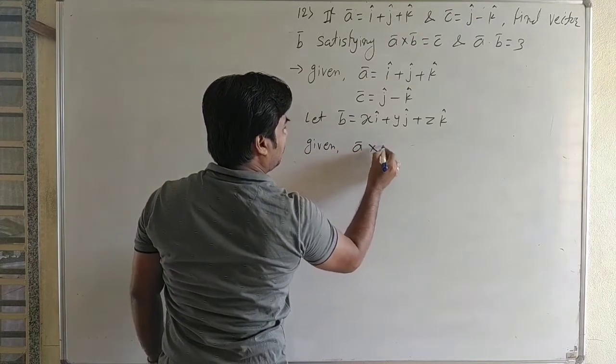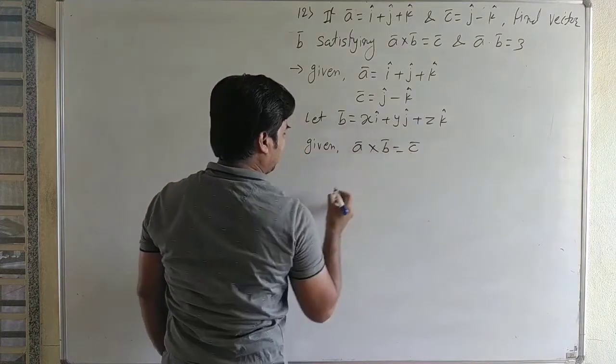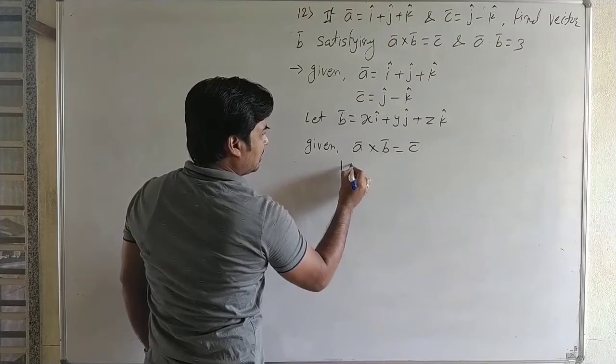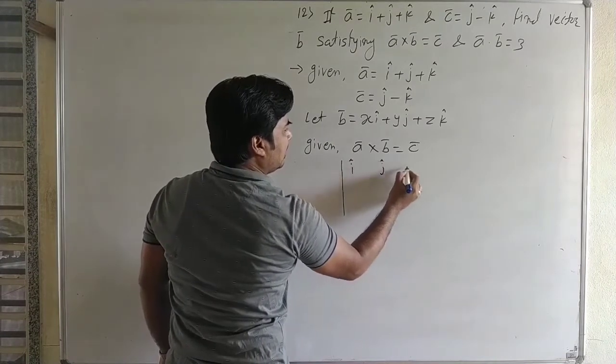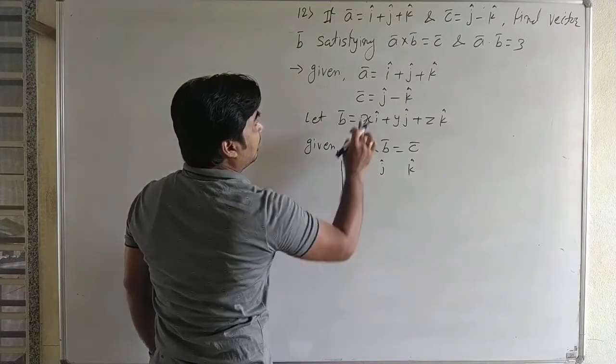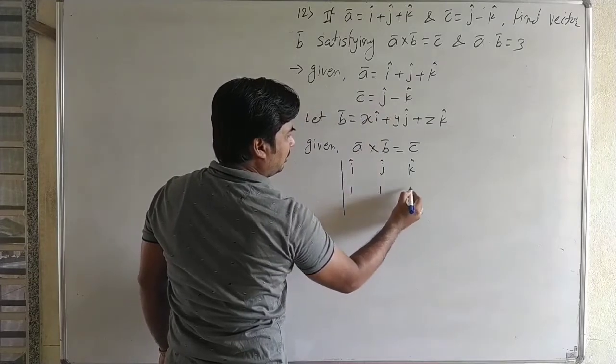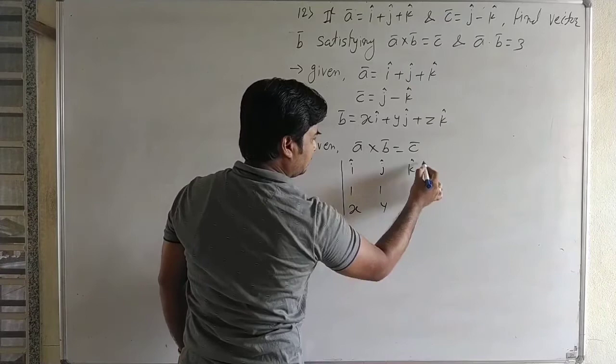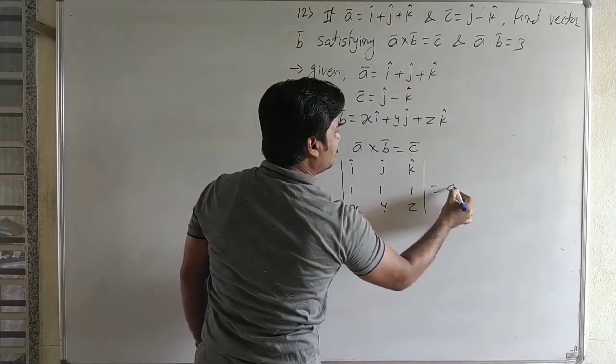Here given a bar cross b bar is equal to c bar, and therefore we take the cross product, with i, j and k, a bar is 1 1 1 and b bar is x y and z, equal to c bar.